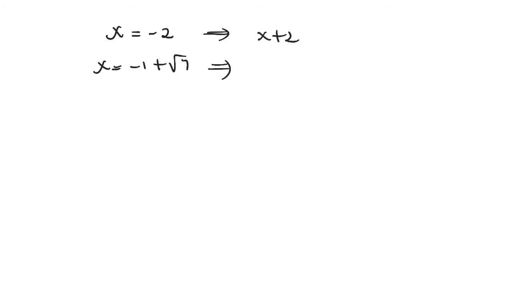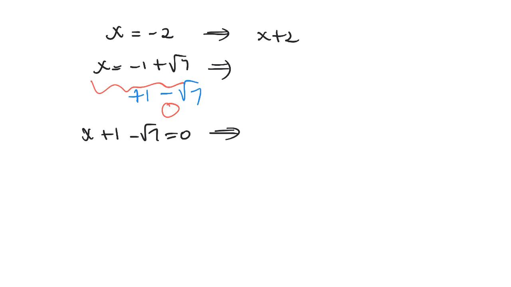Well, one way to think about it is to rewrite this expression so that we have 0 on the right and everything else on the left. So in order to get 0 on the right, I would add a 1 to move the negative 1 and subtract root 7. And so that'll leave me with x plus 1 minus root 7 equal to 0. Therefore, I know that a factor will be x plus 1 minus root 7.